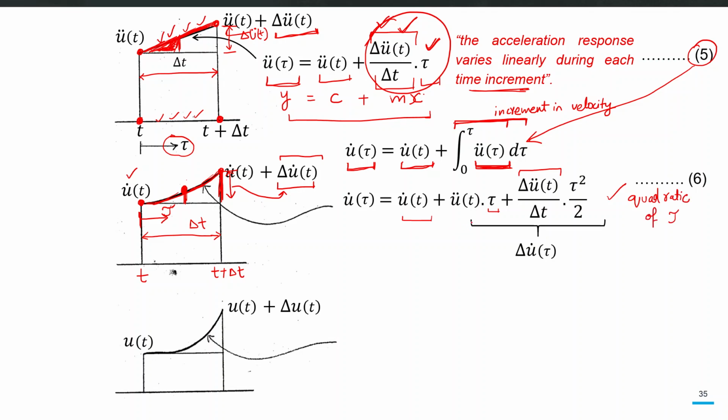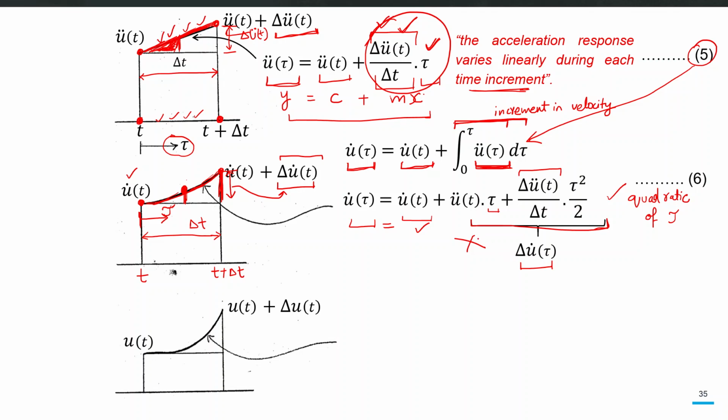So these two terms are basically the change in velocity. So we can write it here as the velocity at any time instant tau, which is between t and t plus delta t, is equal to the initial velocity at time t plus this delta u dot of tau.